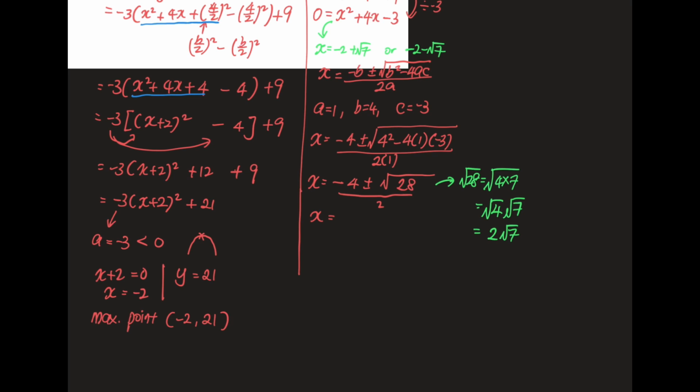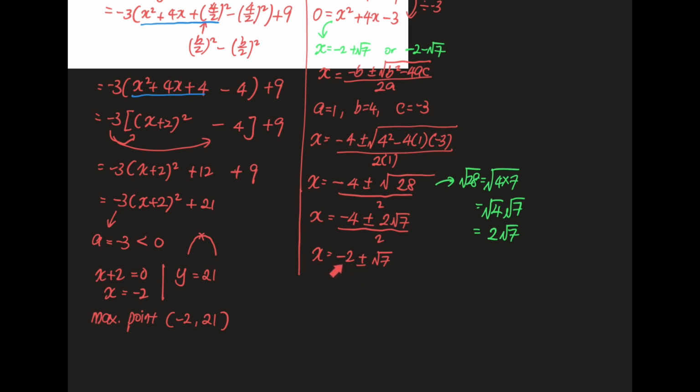Okay. Now I just write it down. Minus 4 plus minus, so the square root 28 is 2 square root 7, divided by 2. Then I divide. Minus 4 divided by 2 is minus 2. Then 2 over 2, no more.